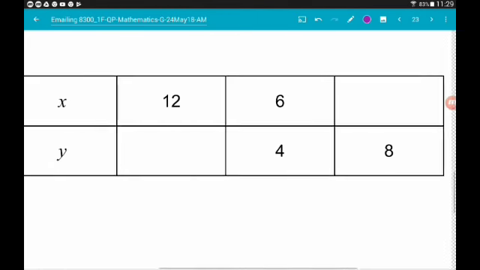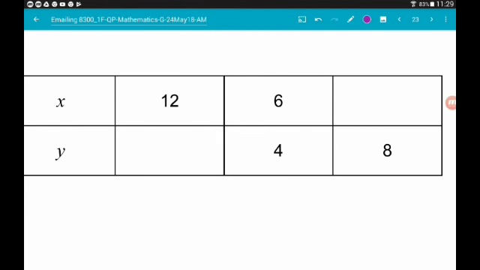Now we know that when x is 6, y is 4. So on the left, we've got x equals 12. So to get from 6 to 12, we have multiplied x by 2. So to get the y value, we're going to divide by 2.